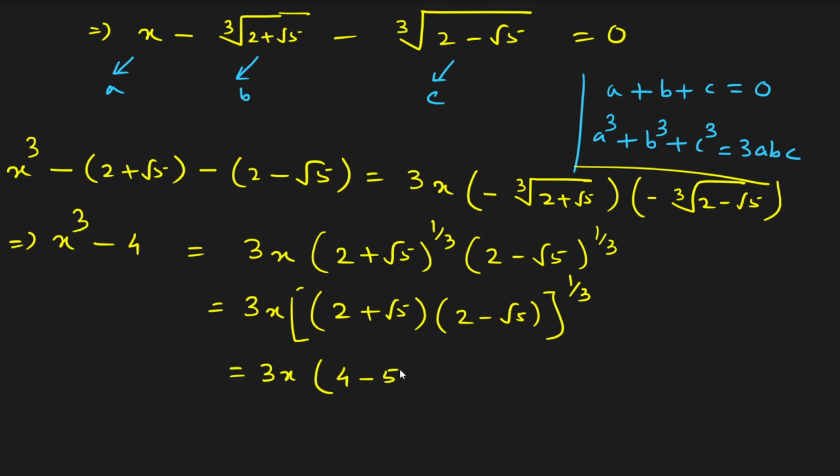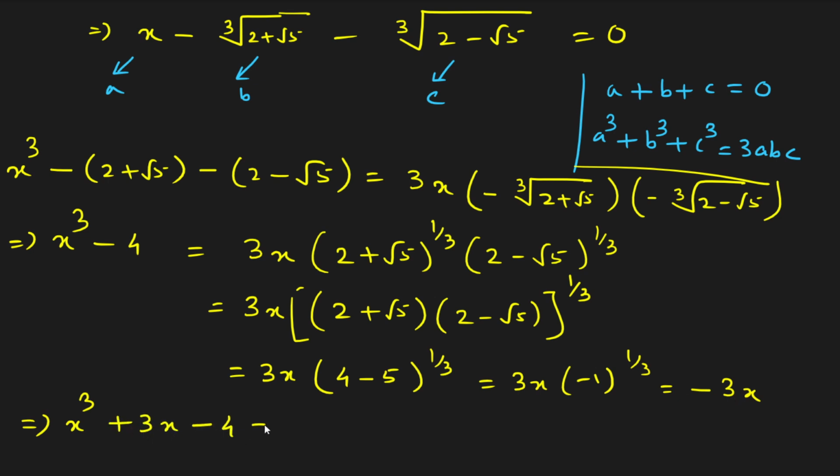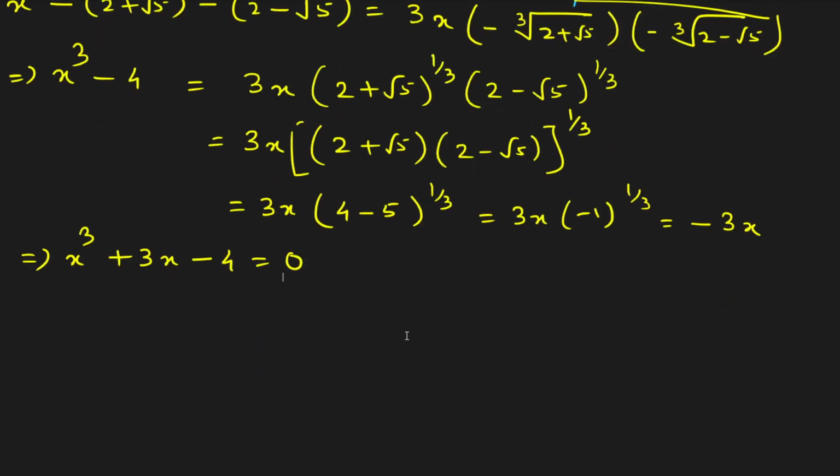So it will be 4 minus 5 whole to the power 1 by 3. 3x, then minus 1 to the power 1 by 3. So 1 by 3 is odd, so minus will remain, thrice x. So now let us bring this minus thrice x on the left hand side. So it will be x cube plus 3x minus 4 equals 0.